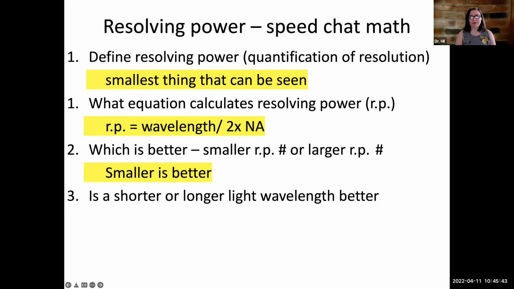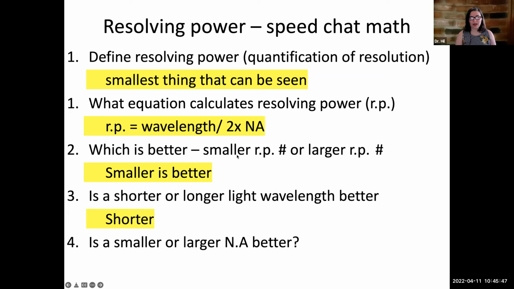We want a small wavelength here because that's going to give us a smaller number. And the NA, numerical aperture, this number that's on the lens that has to do with its resolution power, is on the bottom of the fraction. To make this number small, do we want NA to be big or small? Yeah, the larger the NA, the better. Short wavelength, large NA, that's the best.